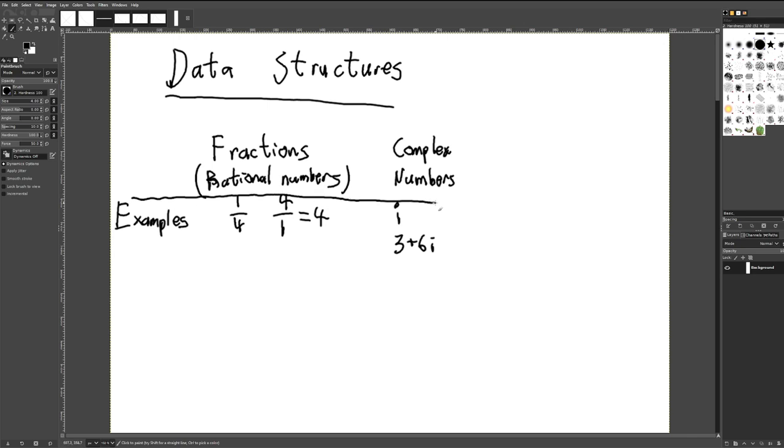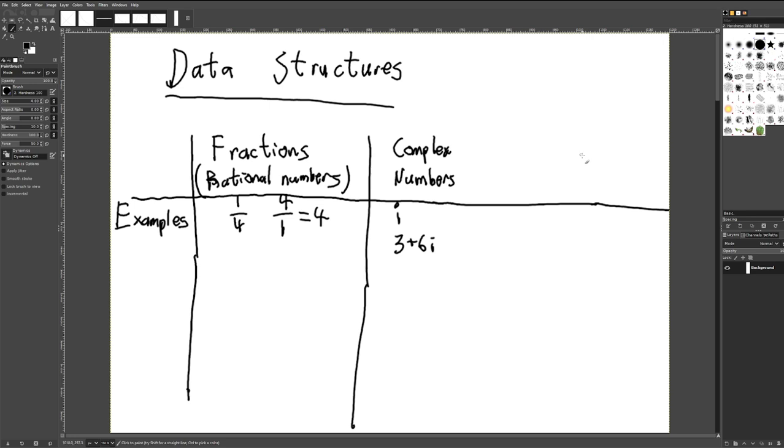Make a table out of this. And I'm going to talk about vectors as well as another example. All of my examples down here are going to be for 3D vectors, but you can have any number of dimensions that you want.